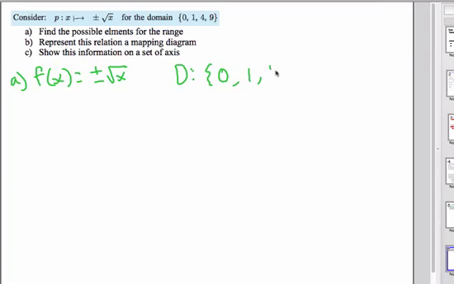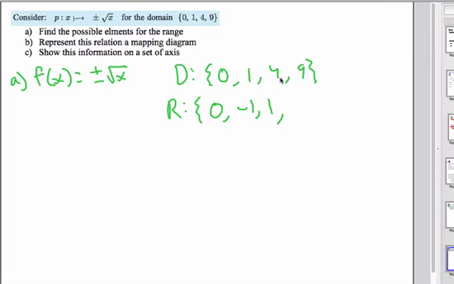0, 1, 4, 9. Now for the range, let's see what values we get. If we take the square root of 0, we get 0. Positive 0 is 0, negative 0 is 0, same thing. But if we get the square root of 1, we have 2 possible values now: negative 1 and 1.